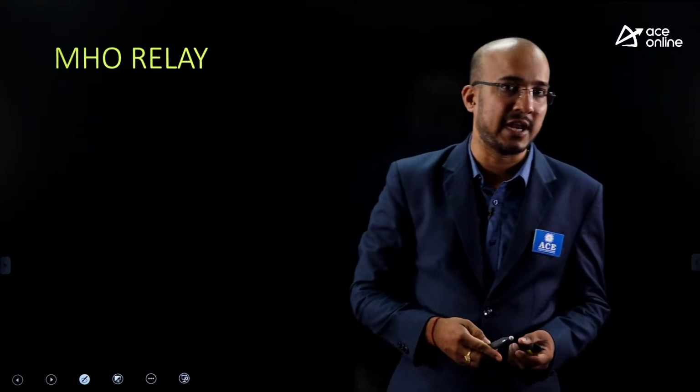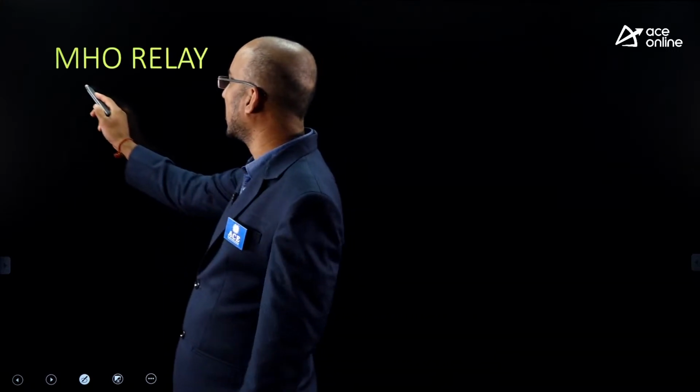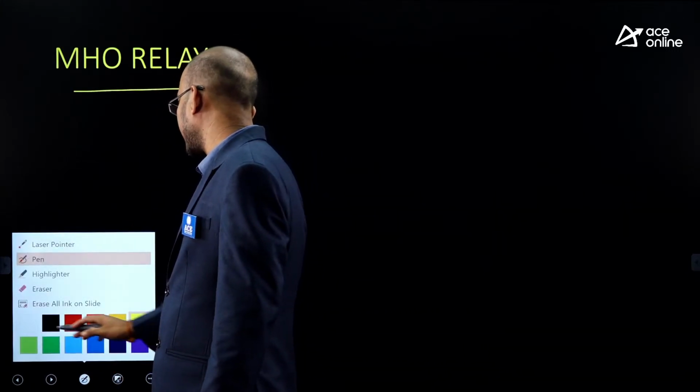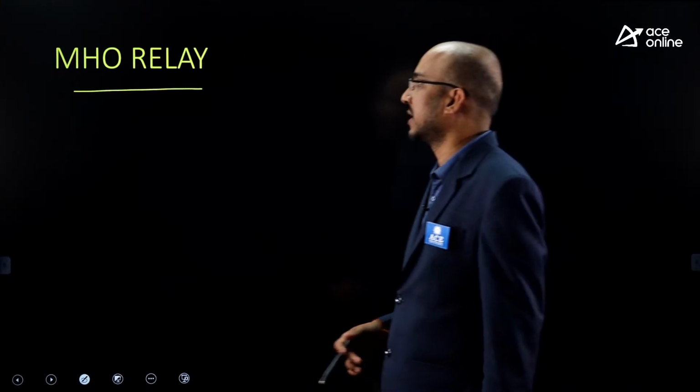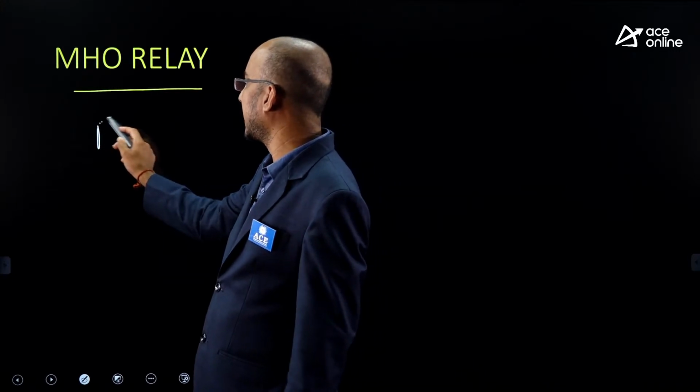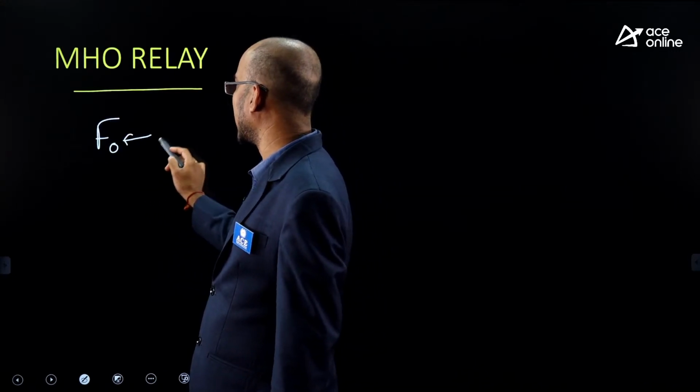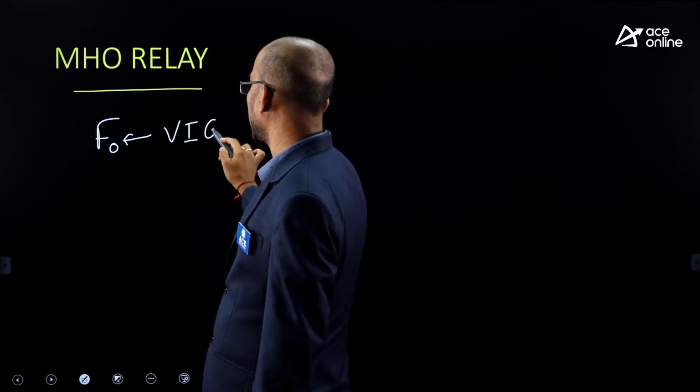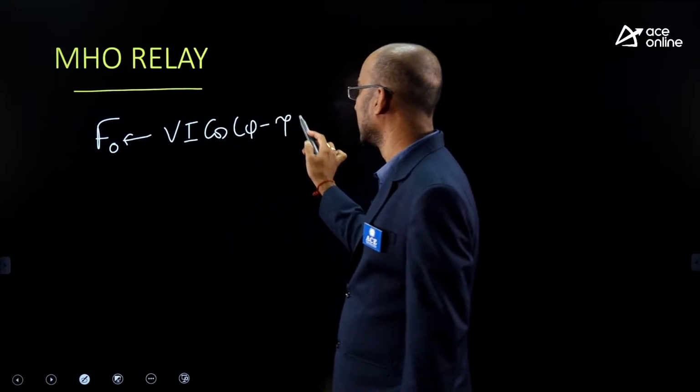Now let us go for the third one, that is Mho relay. It is also known as admittance relay. Mho relay is also known as what? Admittance relay. In case of Mho relay, how the operating force and restraining force will be developed? What is the characteristic? Let us observe in detail. Here, the operating force is due to directional element, that is V I cos of phi minus tau.